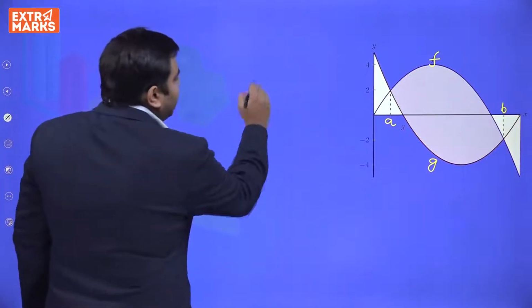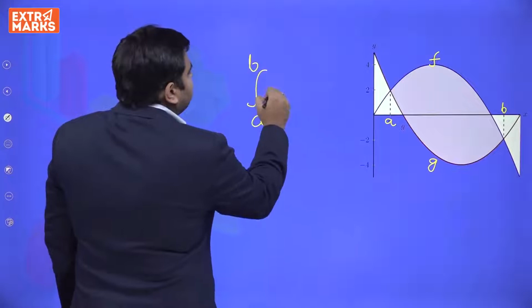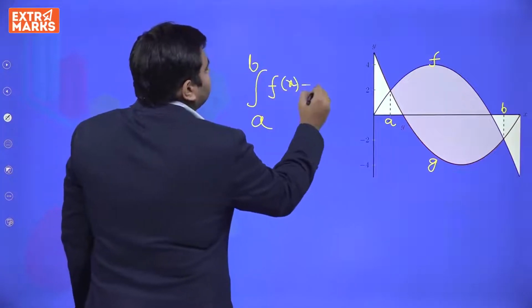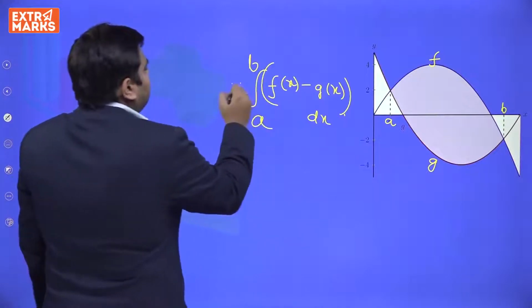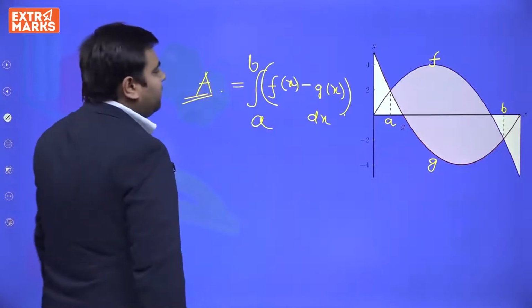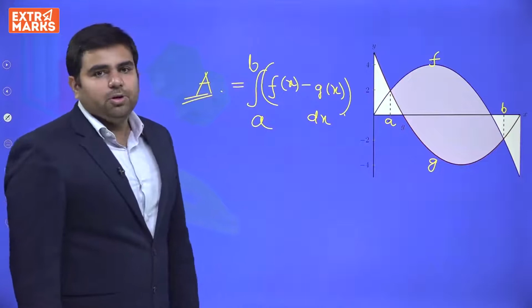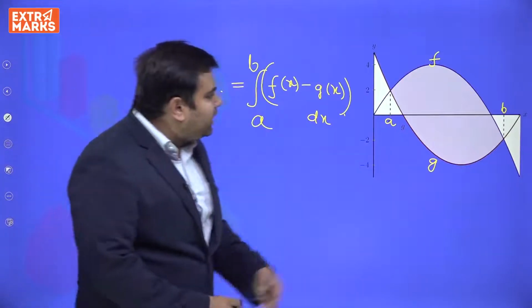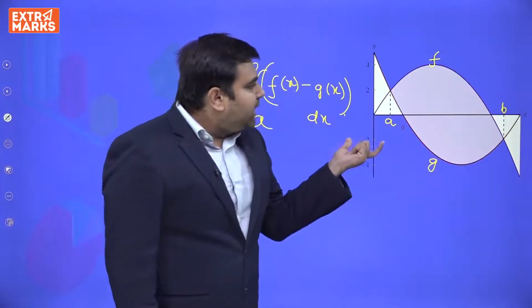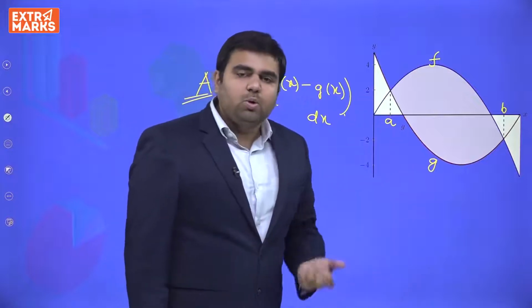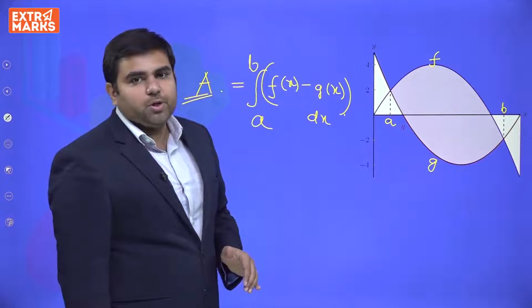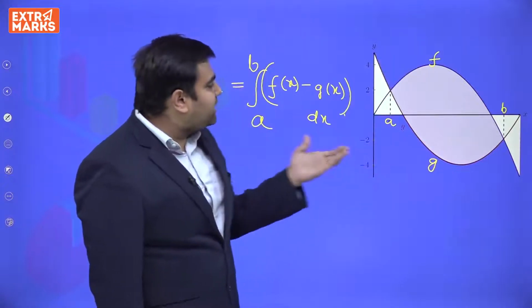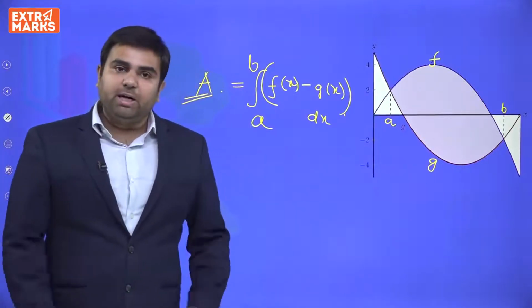So directly I can mention the integral from a to b of f of x minus g of x dx would be the expression for the area. So area would be upper curve minus lower curve, right?